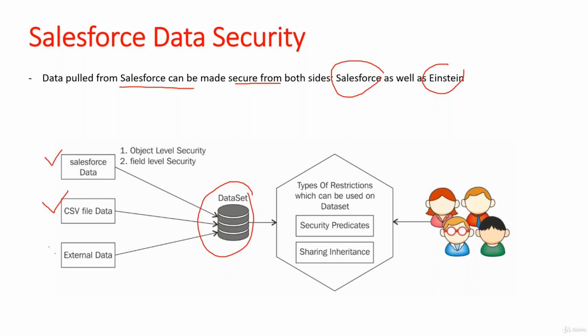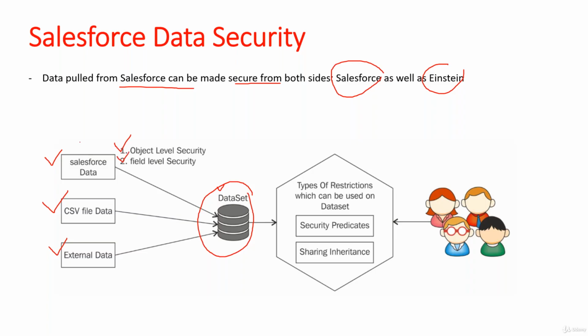If the data you are loading is from Salesforce, then based on the user profile setup, we can control which data can be loaded into my dataset, by object level or by field level. That is nothing but my standard Salesforce security mechanism.